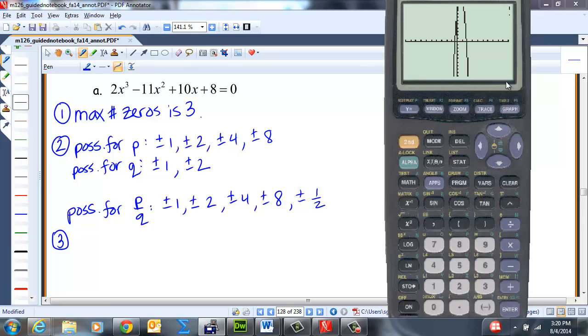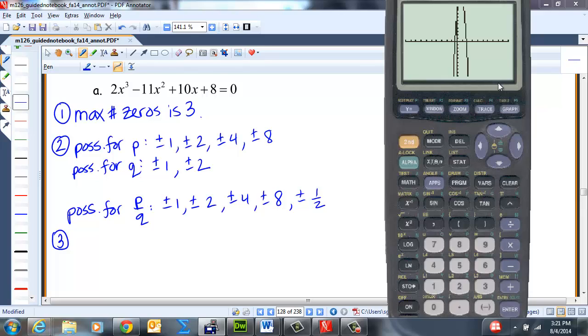All right, so I'm looking over here and it looks to me like positive 2 might work out.